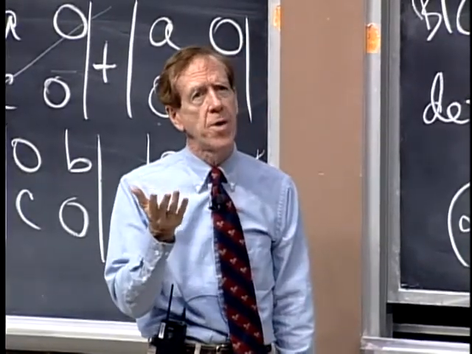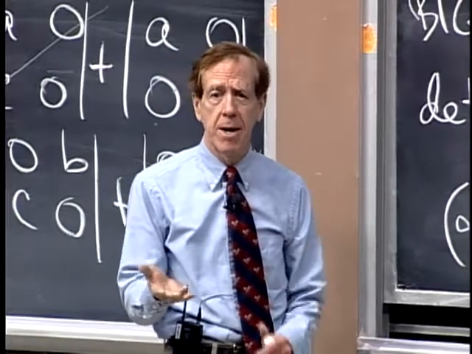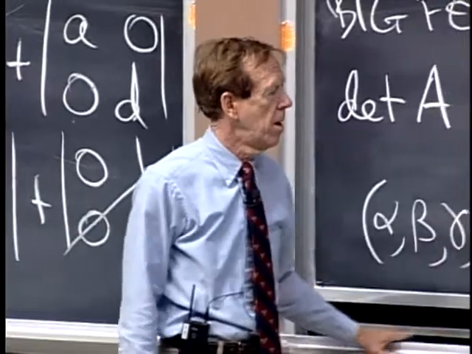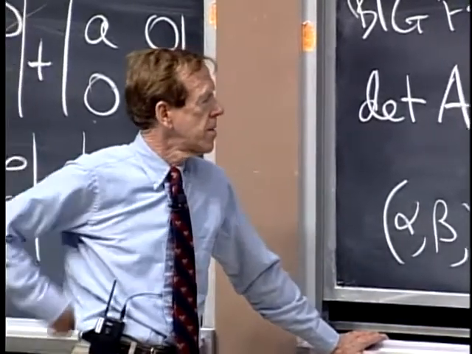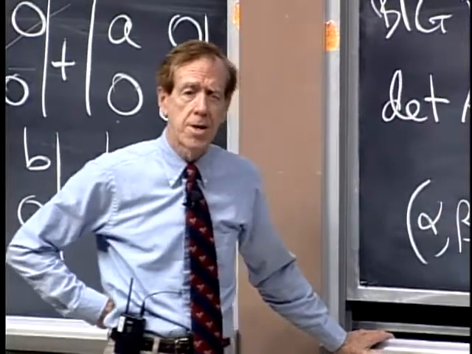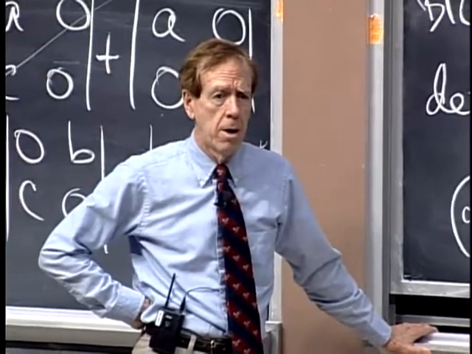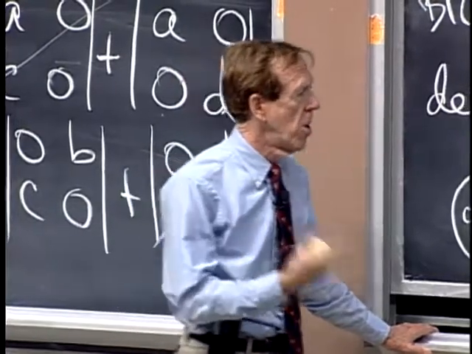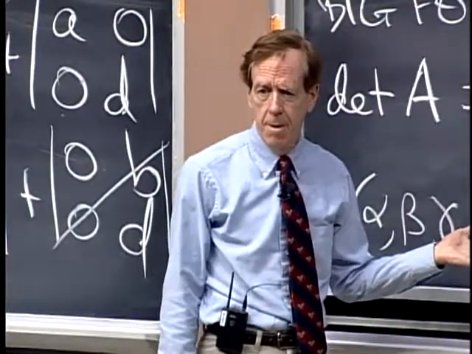How would I know that the determinant of the identity matrix was 1, for example, out of this formula? If A is the identity matrix, how does this formula give me a +1? You see it, right? Because almost all the terms are zeros.